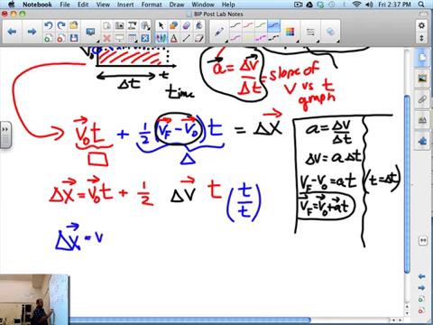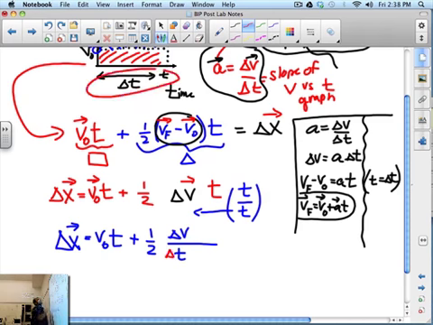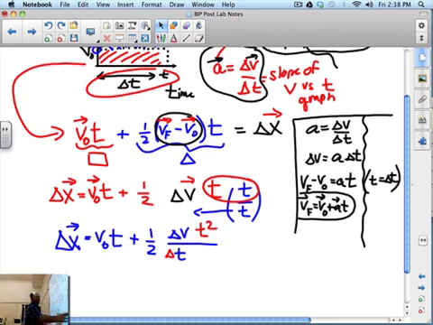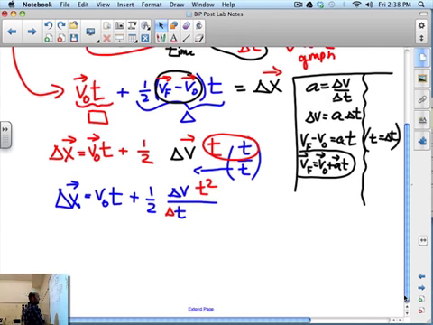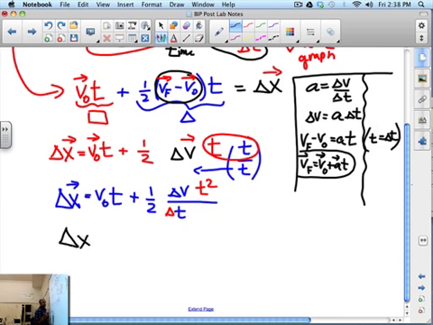Delta x equals v naught t plus 1/2 delta v over, now I can move my t over here, right? And I can even say that t is equal to delta t. I've already done that here. And then I'm going to leave this t as just a t. And when I combine them, I'm going to get t squared. Okay? So now when the dust settles, I have displacement.